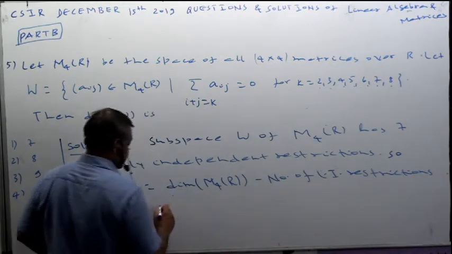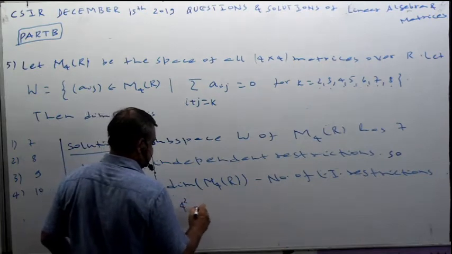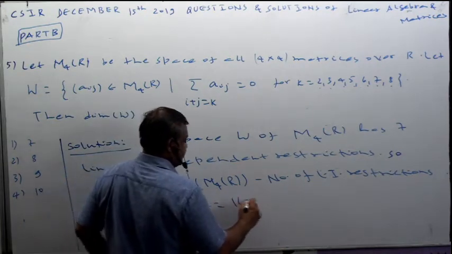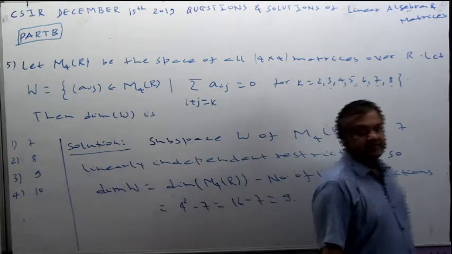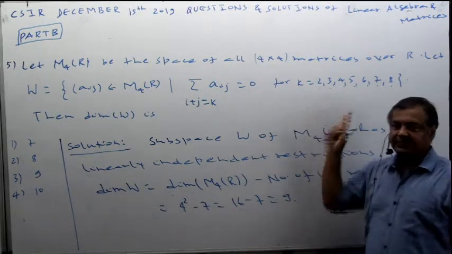That is equal to 4 square, which means it is 16 minus 7 restrictions. I could have counted from here.